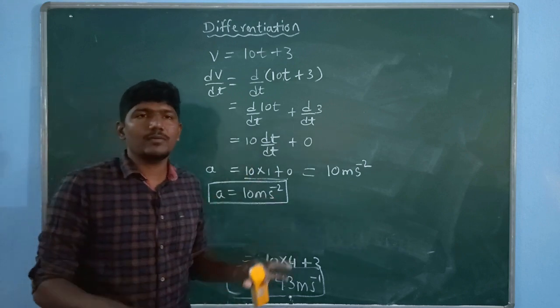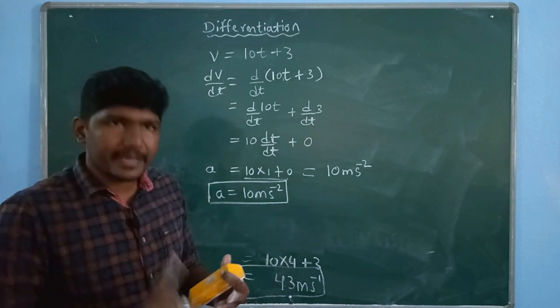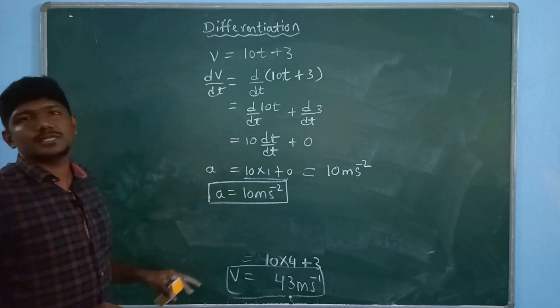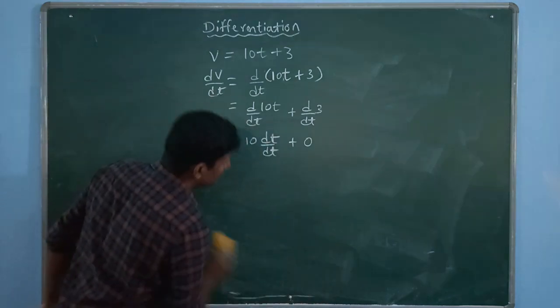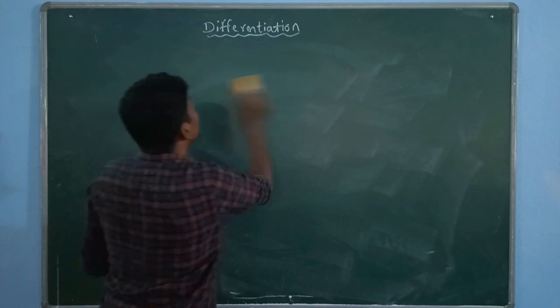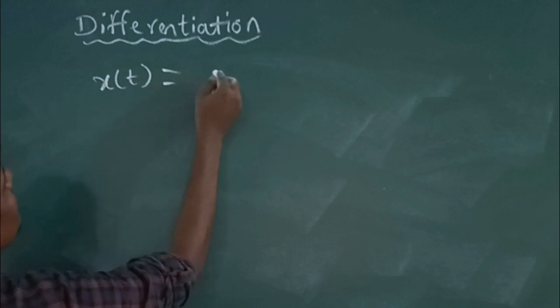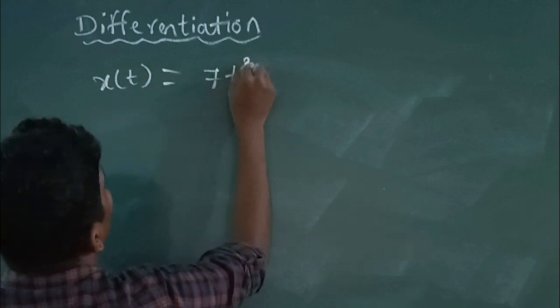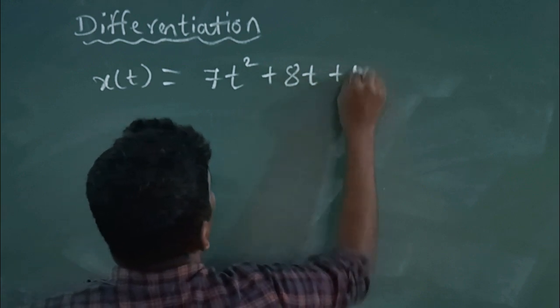So this is the way of getting the instantaneous velocity and acceleration using differentiation. For you, I will give one homework problem also. Homework problem, you need to find the same thing. x of t equals 7t square plus 8t plus 11.